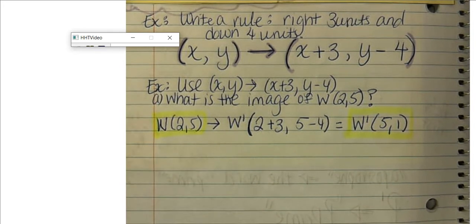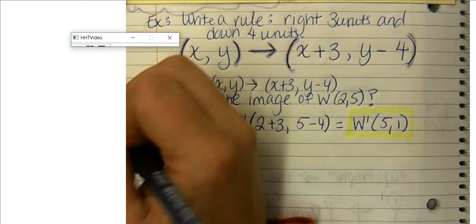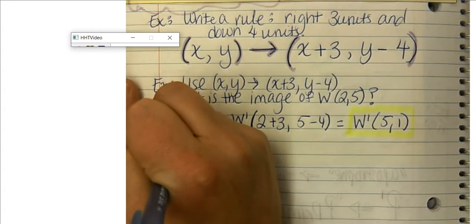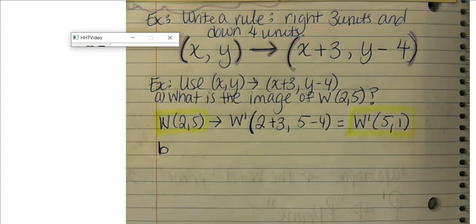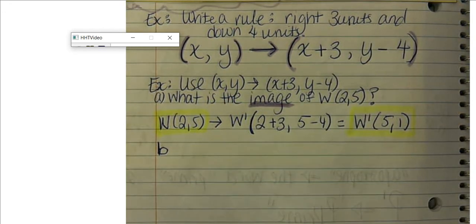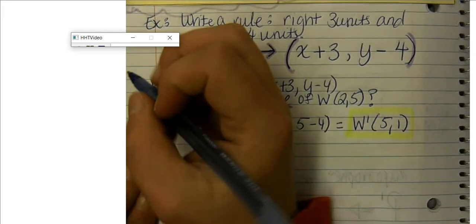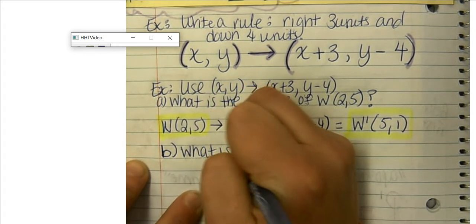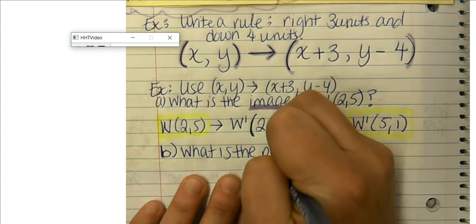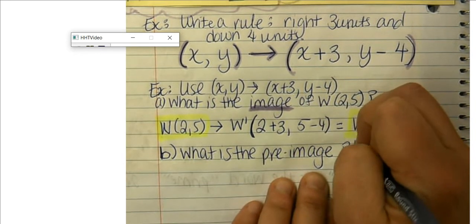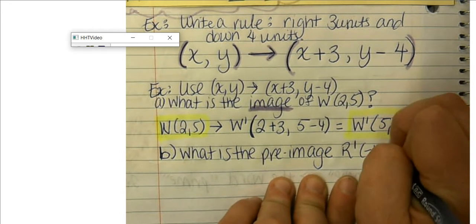That's working with our rule going forward. Now we're going to use our rule going backwards. So this is if you want to find a pre-image. Remember that we always start with the pre-image and then use a rule to find an image. Letter B is going to ask you, what is the pre-image, if I told you that R prime was -1, 7.